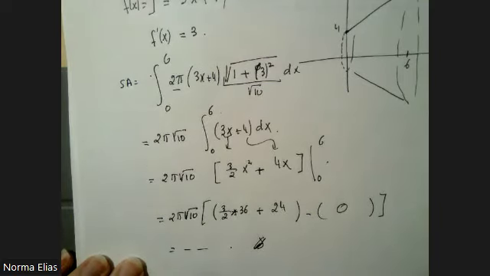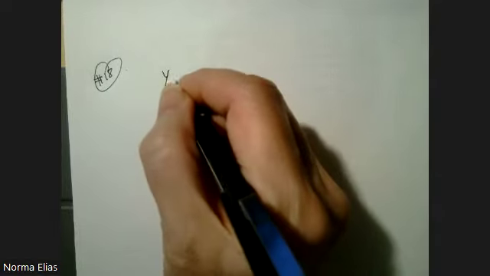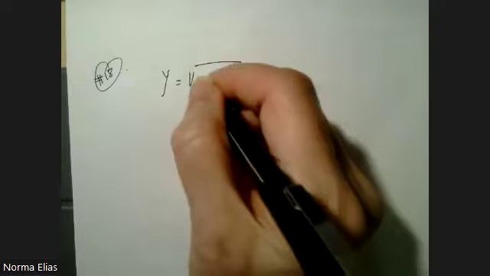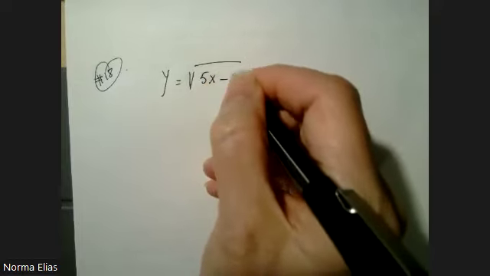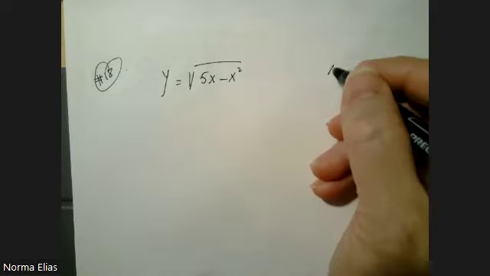So I will look at number, what problem do you guys have? Number 18. Okay, what's number 18 about? Okay, so we have y equals the square root of 5x minus x squared and x between 1 and 4.